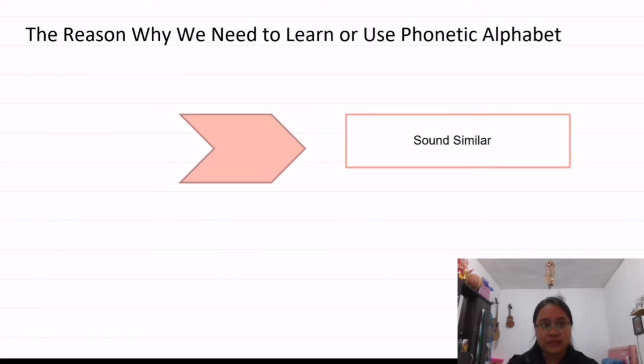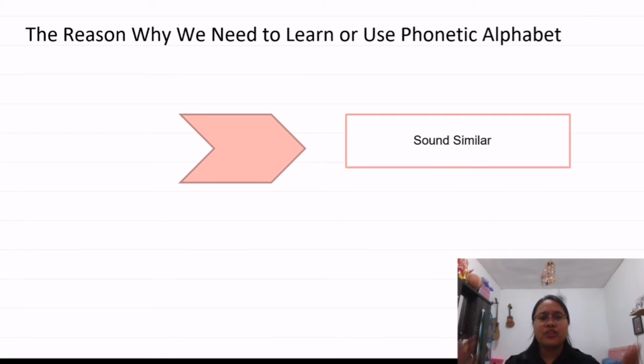Next are the reasons why we need to learn or use the phonetic alphabet, especially in hotel accommodation. I will explain the general reason first.